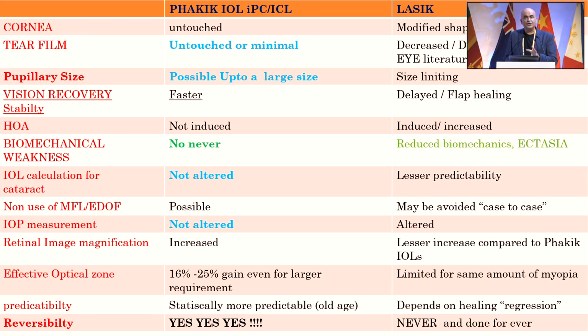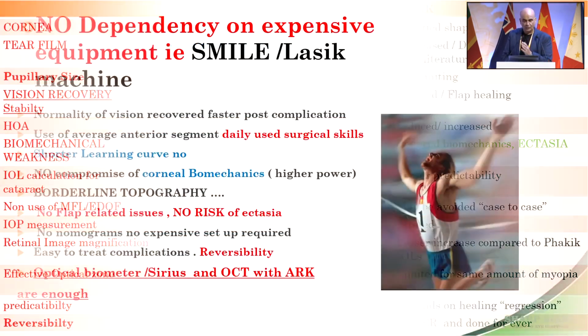IOL calculation for the future will not be altered because you have not played around with the keratometry. You are not restricted from using multifocals at a later date. IOP measurement will not be altered because your cornea thickness is not altered. Effective optical zone is bigger. So phakic lenses have a practical advantage over LASIK also in your practice.